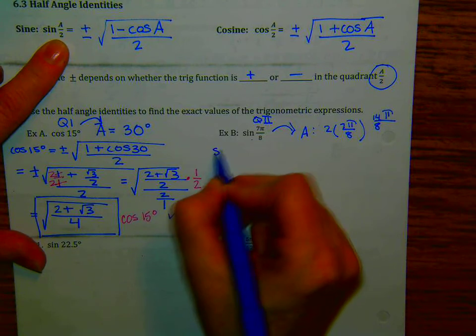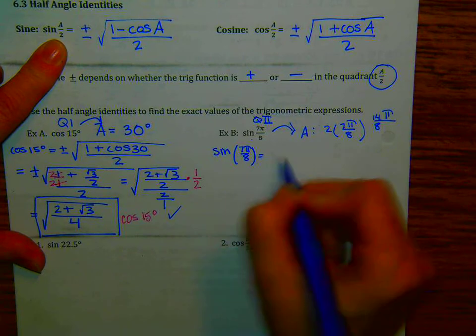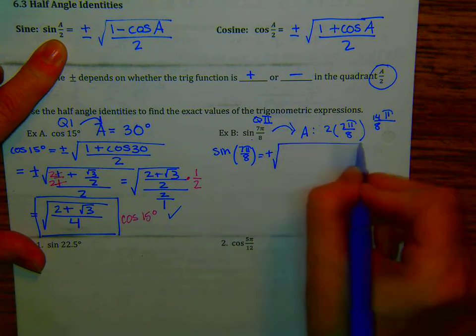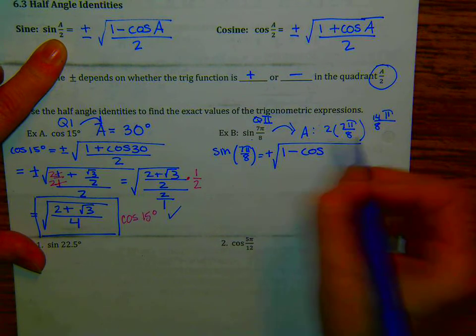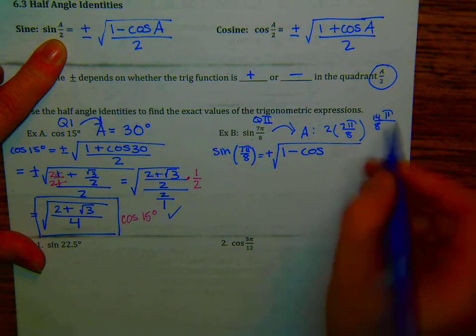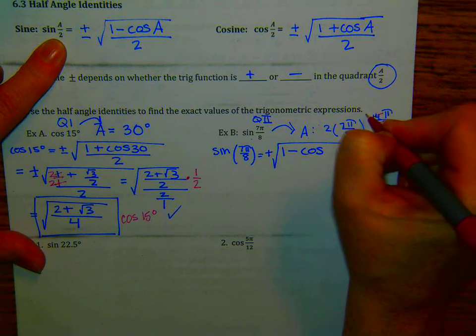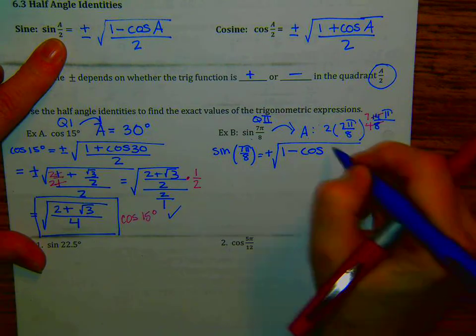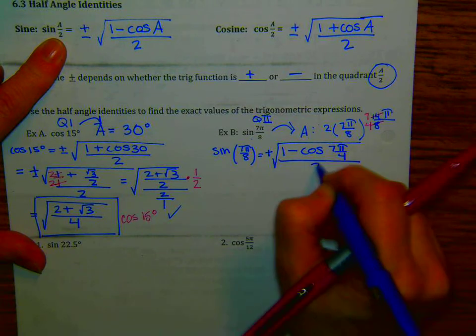The sine of 7 pi over 8 is equal to, now we know it's going to be positive because we've already determined it, the square root of 1 minus the cosine of a, over 2. Now we've got a as 14 pi over 8. Can I simplify that? I sure can. These are both even, so this is 7 over 4. I can simplify that to 7 pi over 4. So cosine of 7 pi over 4, all over 2.